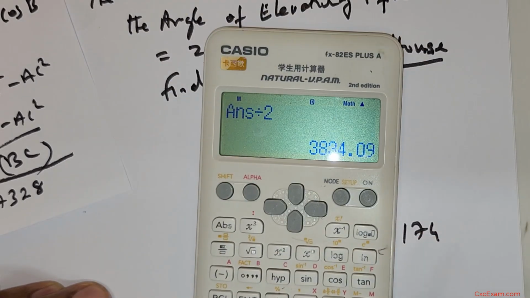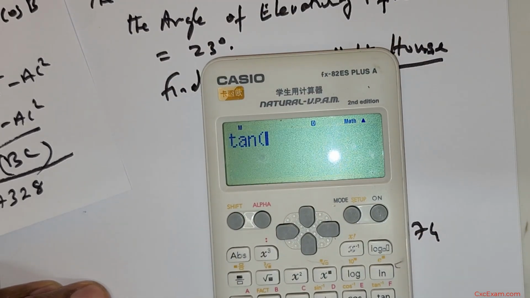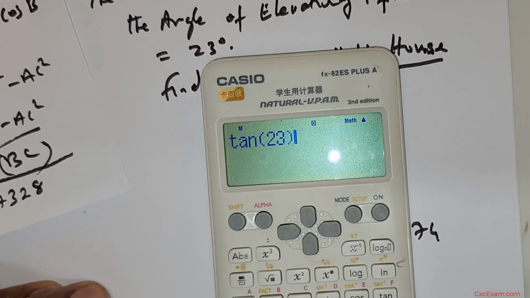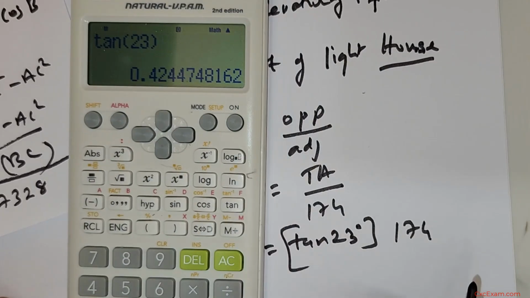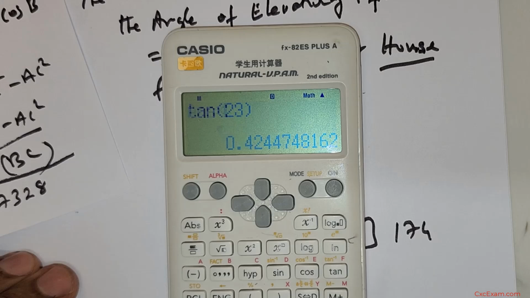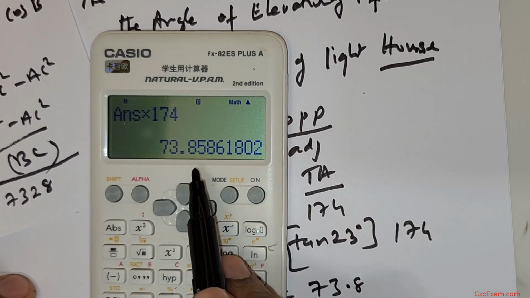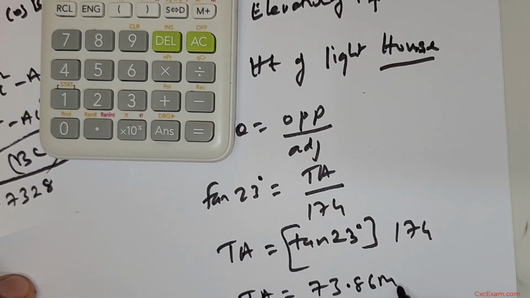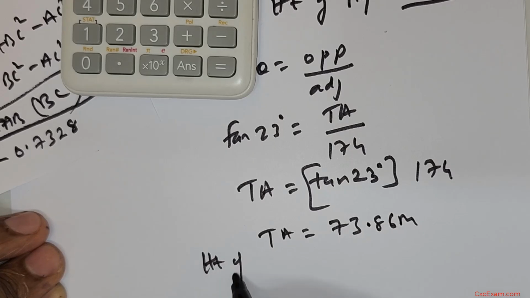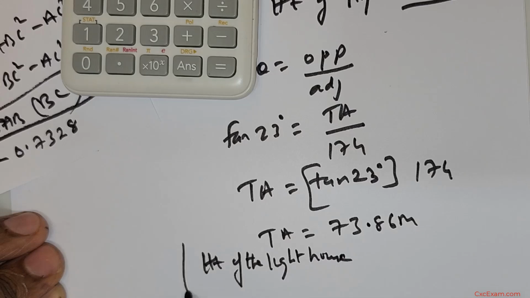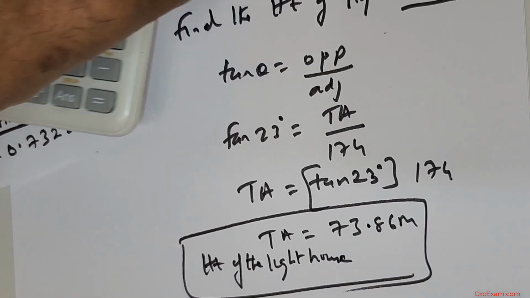So you take tan 23, and that has to be multiplied with 174. What do you get? So TA is equal to 73.886 meters. Okay, this is the height of the lighthouse. So that's the solution for this question.